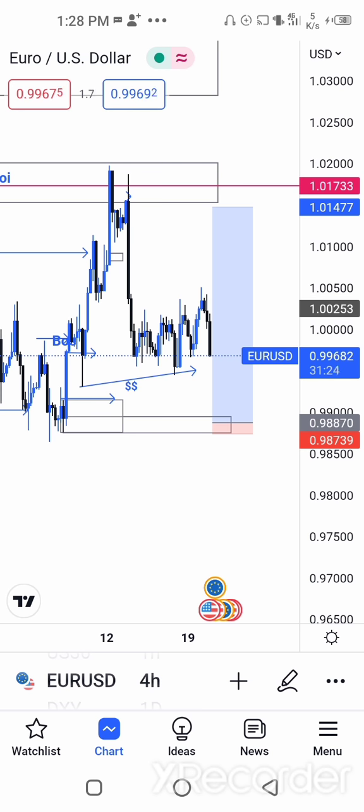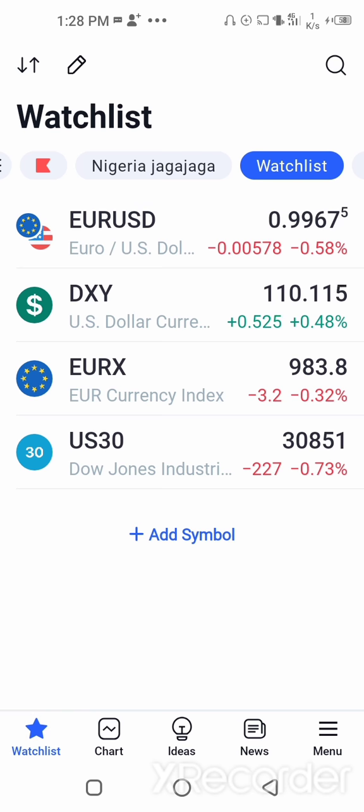I'm waiting for Euro USD, as I only trade Euro USD and US 30. This is the dollar index and the Euro index, DXY and Euro X. Those are just the dollar and euro index. I just use them to strengthen the analysis.